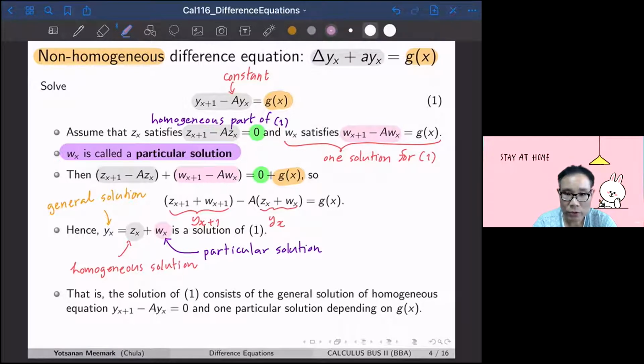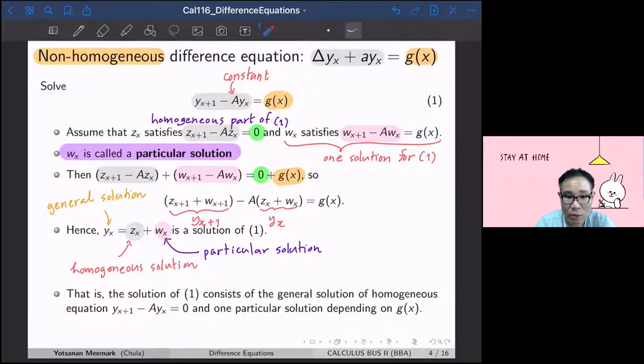So in order to obtain the general solution, we're going to find one solution for equation 1. Okay, so it's just one solution for equation 1, and we're going to find the homogeneous solution. So it's going to be the solution from the homogeneous part. You just ignore gx, and this guy turns out to be 0.